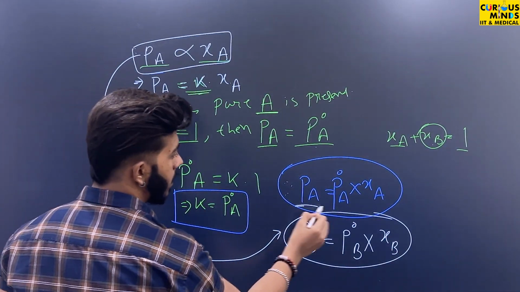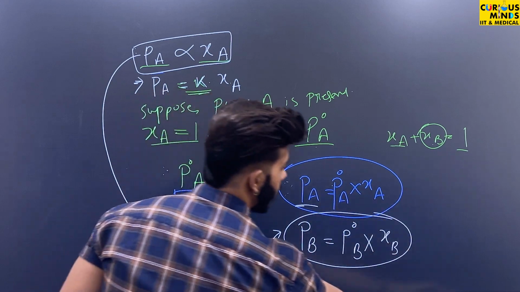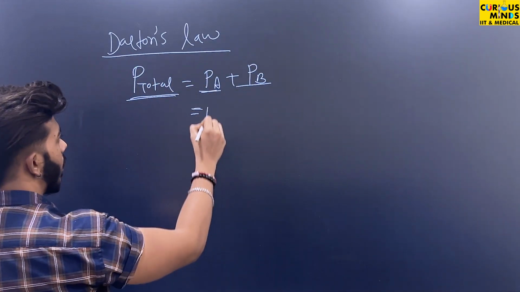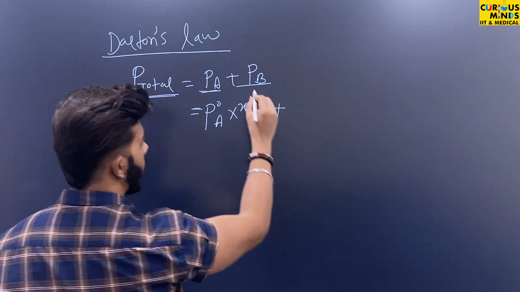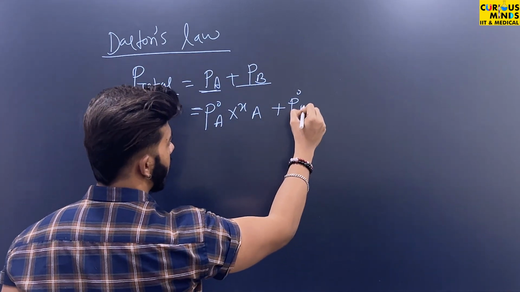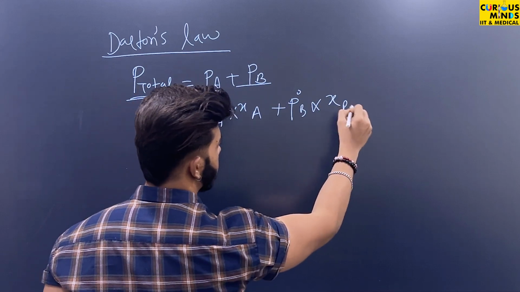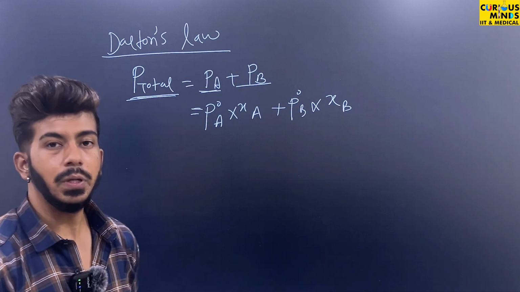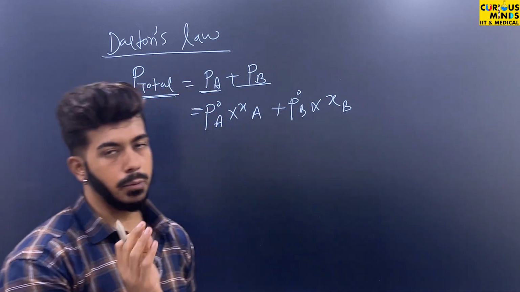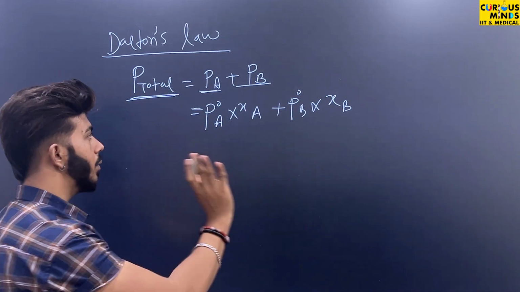Now from Raoult's law we know PA is nothing but P not A into XA. So you can just plug in the value here, P not A into XA plus PB, which will be the same, P not B into XB. So Dalton's law will be: P total equals P not A into XA plus P not B into XB. In this way we can write.